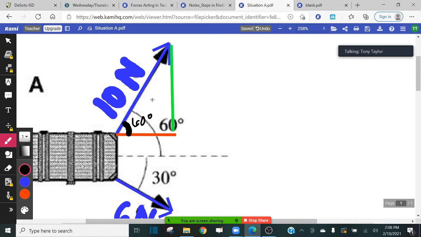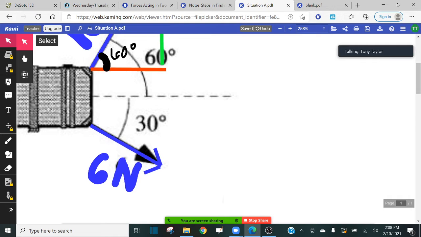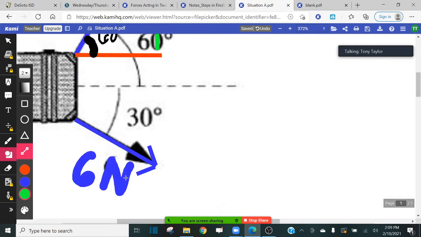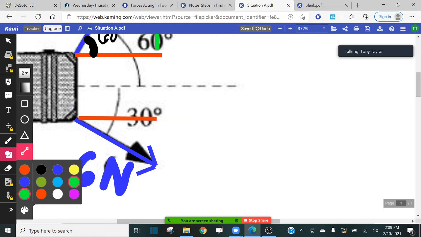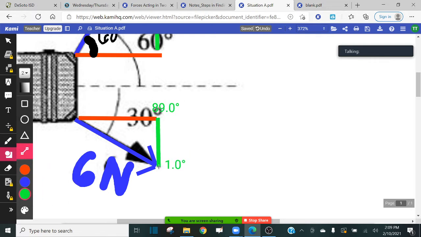So we want to take this vector here. We want to split it up into its x and y components. And we also want to take this vector right here, and we also want to split this vector up into its x and y components. So notice how this vector has an x component. Okay. And this vector here also has a y component, like this.